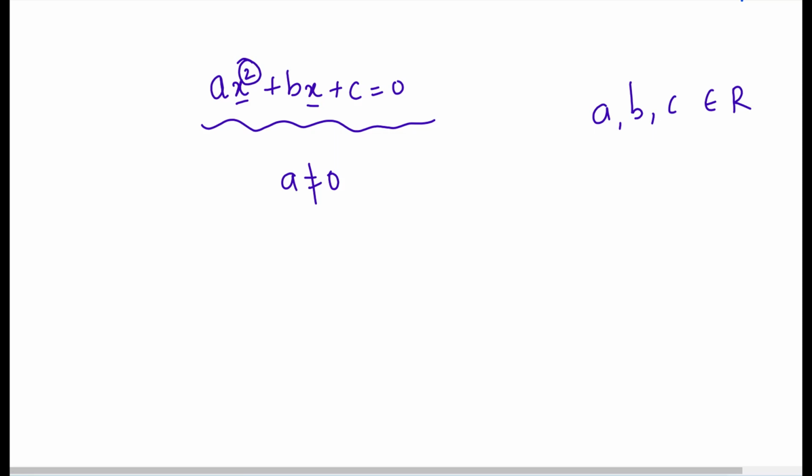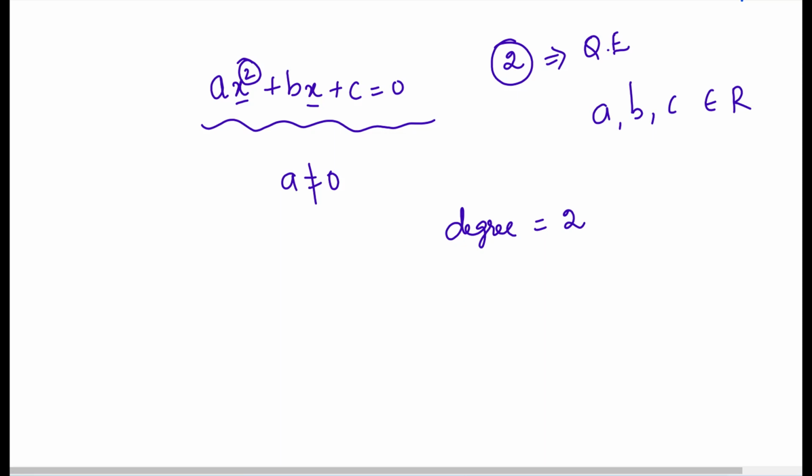The highest power is 2. That means if the highest power of the equation is 2, then we can say that it is a quadratic equation. What is the degree of the quadratic equation? The degree of the quadratic equation is 2.